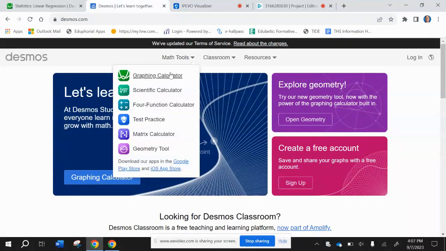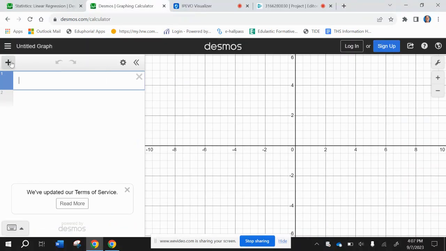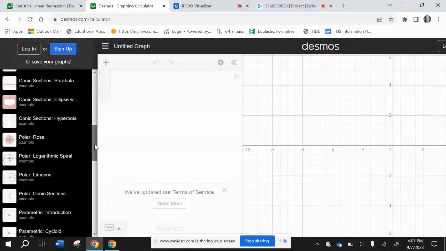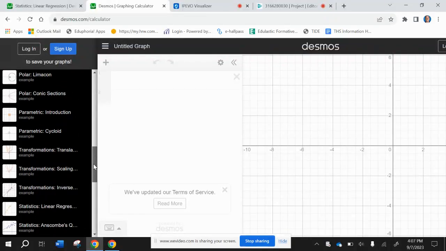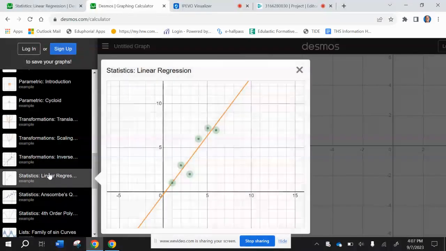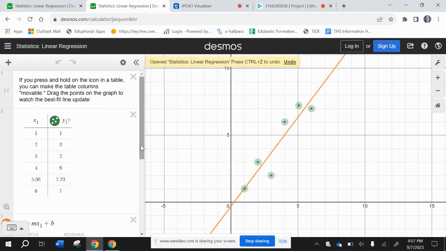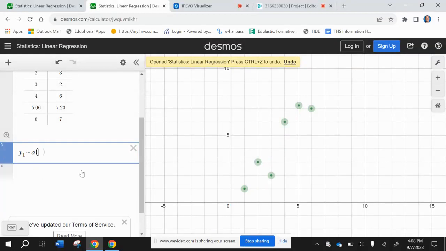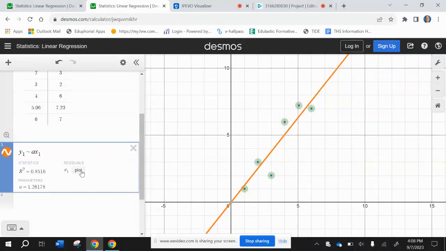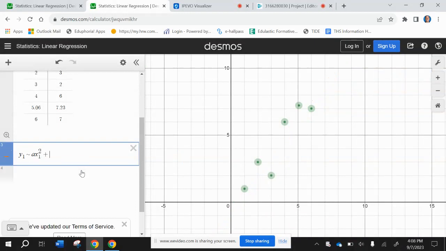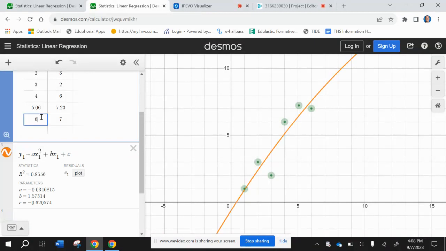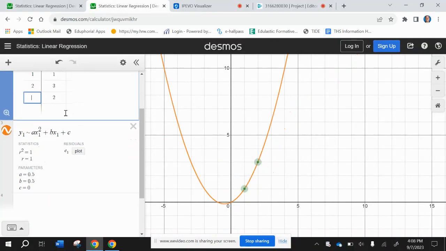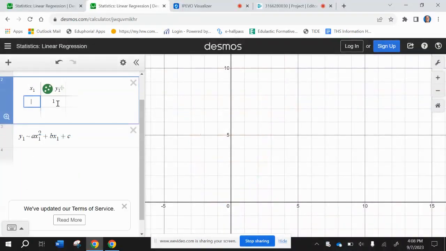So, Desmos again, graphing calculator. Statistics, we always have to pick linear, and then now here we're going to change this to quadratic. x1 squared plus bx1 plus c. Okay, now we just need to change the table. We have the quadratic regression. So now let's complete the table.